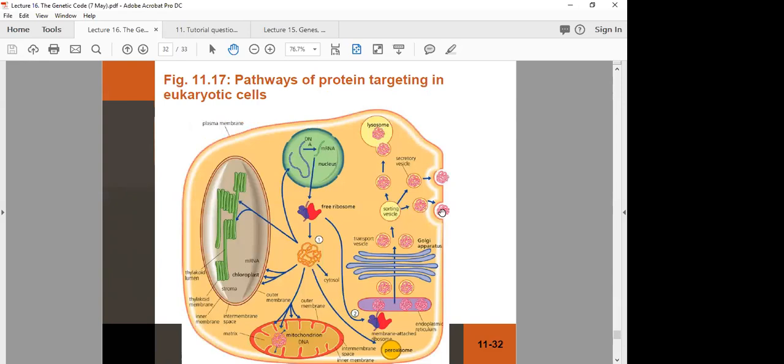You might remember collagen, elastin, and lots of others, and these need to be secreted by the cell to the outside. So here we have many examples of where proteins are targeted. You can see that every process, every organelle, every part of the cell requires proteins in order to function. And this is only the tip of the iceberg.